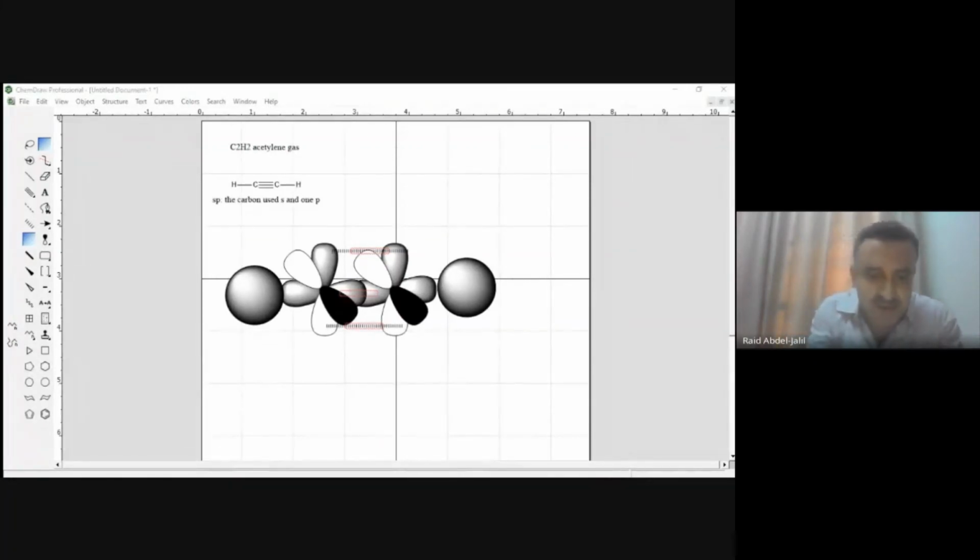I'm asking the same question for everyone else. Why is it impossible to have 2 sigmas between the same 2 atoms? Logically, why is it impossible? So what, Jawahir?